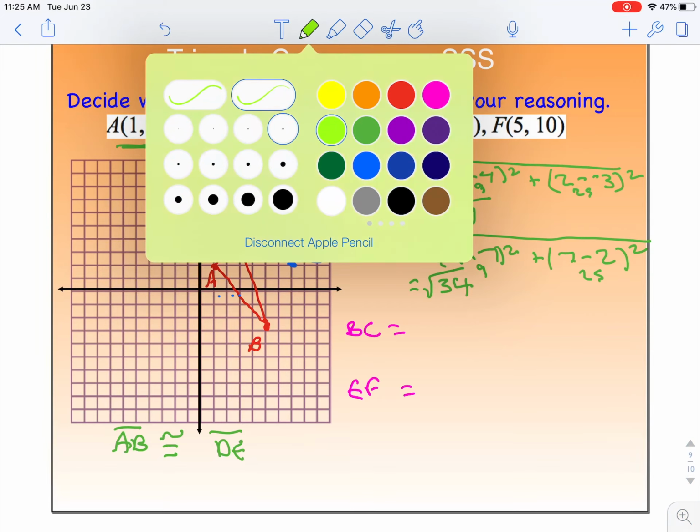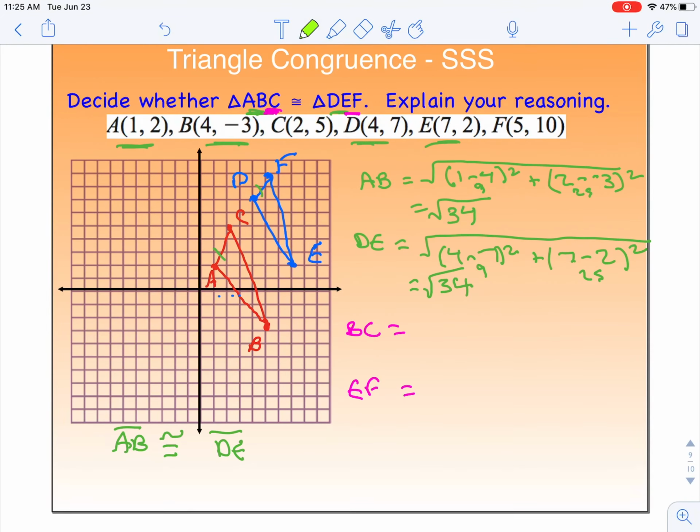We also would have to show that AC is congruent to DF. So we're going to do the distance formula for those as well. So I would like you to plug those values in and see if you can decide whether the other two segments are congruent.